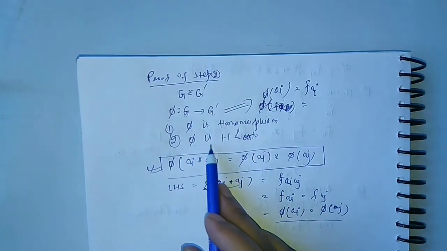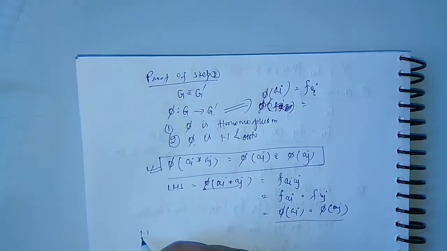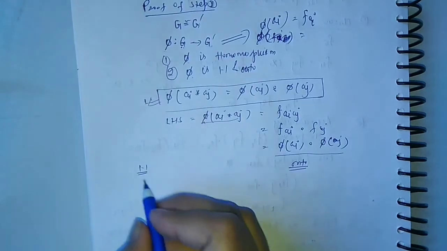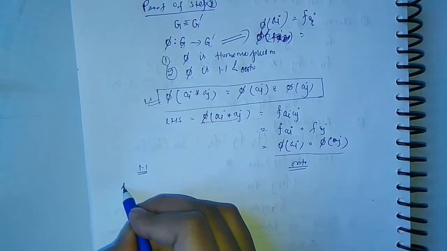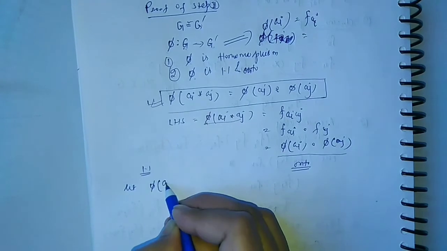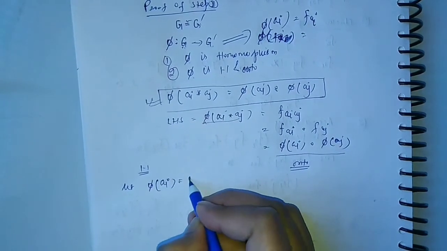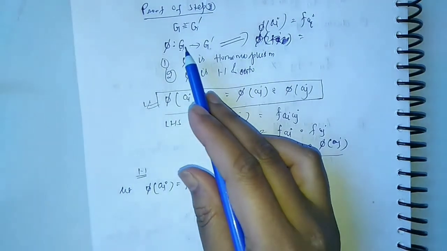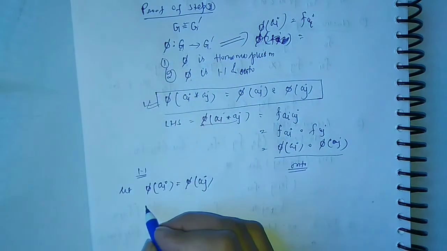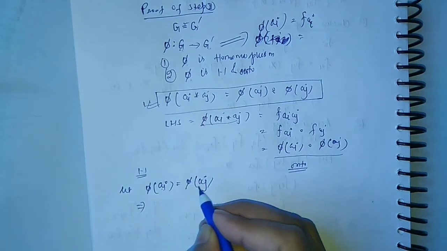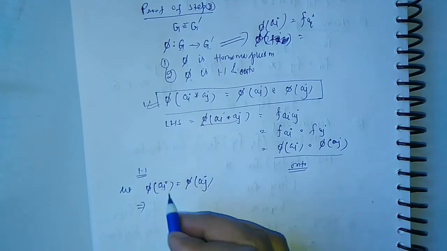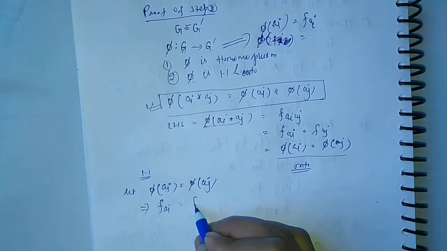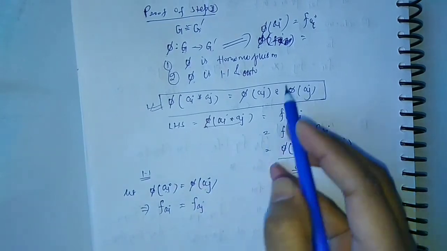Now we have to prove that phi is 1-1 and onto. For 1-1, let phi(ai) be equal to phi(aj), where ai and aj are the elements from domain G. Then we have to prove that ai equals aj for the 1-1. So this is equal to f(ai) and this is equal to f(aj) from this definition.